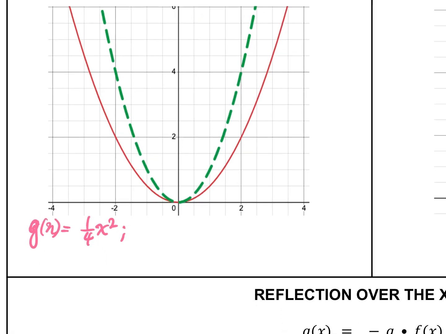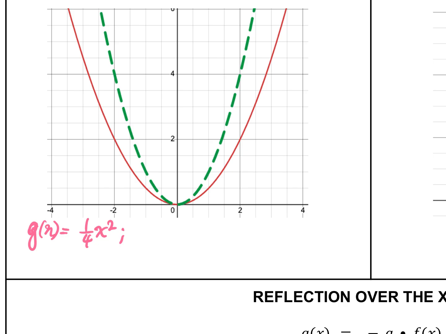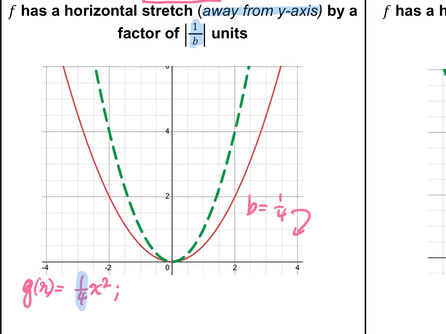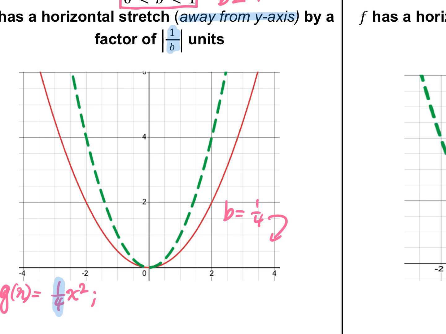Now remember this one. In this case, this is the value of our b. Okay, so if the value of b is equal to 1 over 4, then we're going to put that in our given factor or basis of doing the stretch. That's going to be 1 over b.